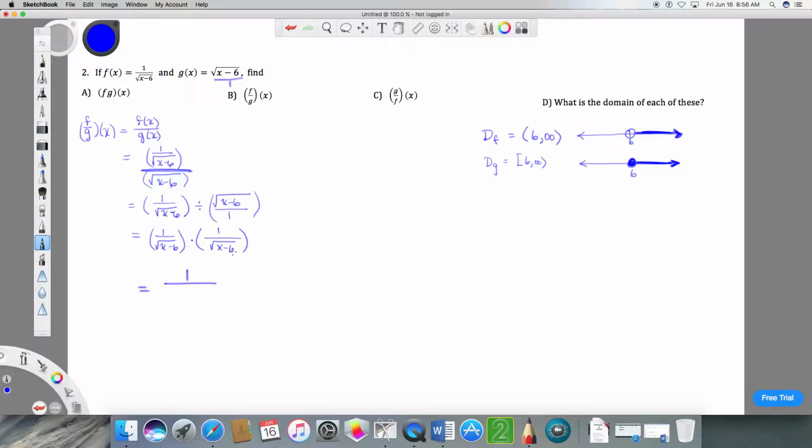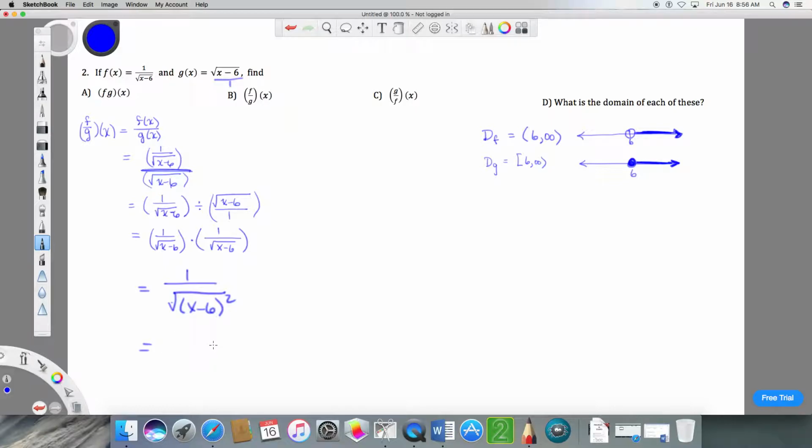You just multiply straight across the numerator. And when you multiply these radicals together, we do have a property of square roots that says if you have a product, then you can write it as a single square root of a times b. Well, so that means that I have the square root of x minus 6 squared.